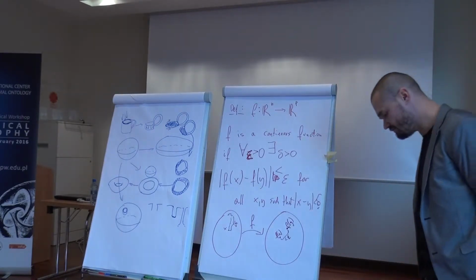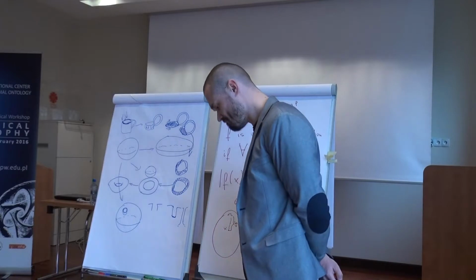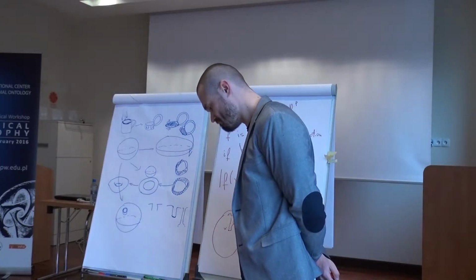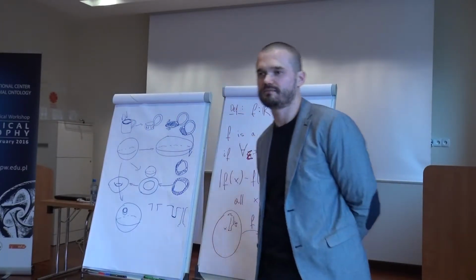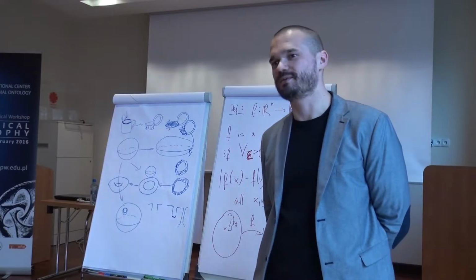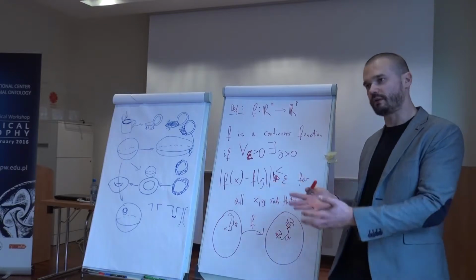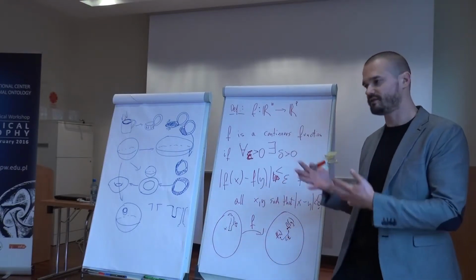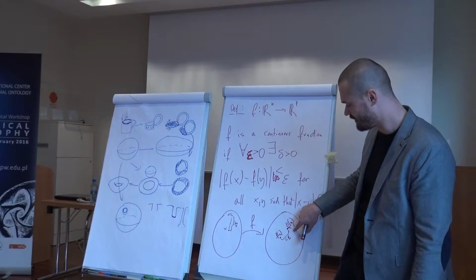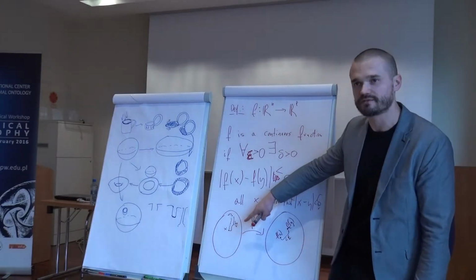And why like that? I would say that simply because it works, yeah? Because the whole definition of topology, which I will give you in a moment, is based on the reversed image of f somehow.